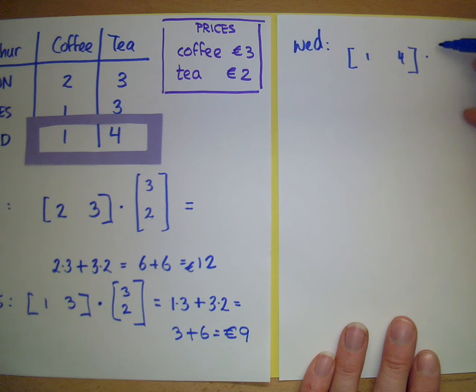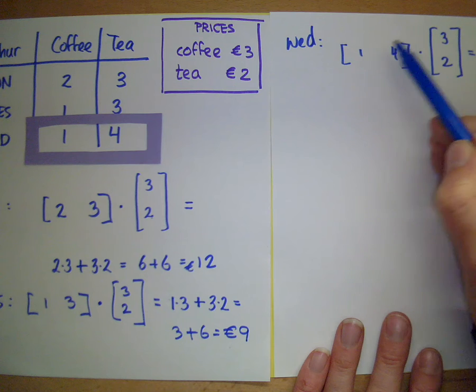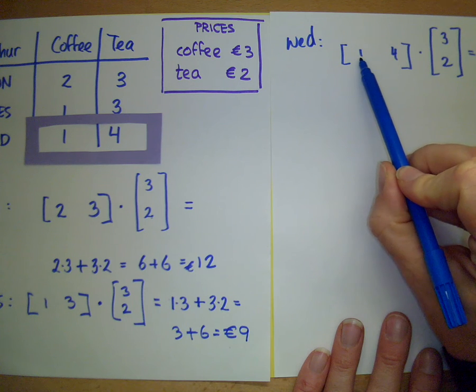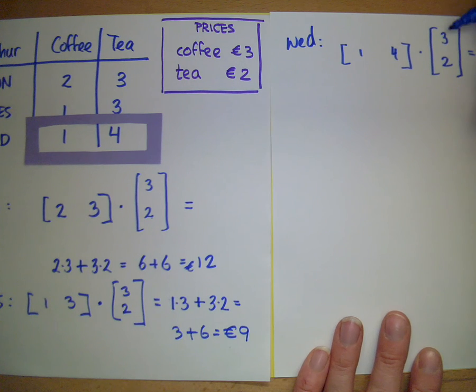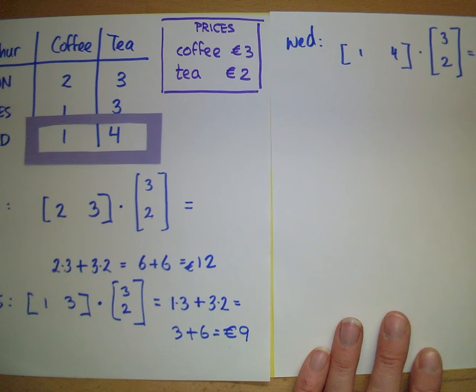We multiply it by the prices, 3 for coffee, 2 for tea. The first term in the row multiplied by the first term in the column, 1 times 3, and then we add the second number in the row times the second number in the column, 4 times 2. So 3 plus 8 equals 11 euros.